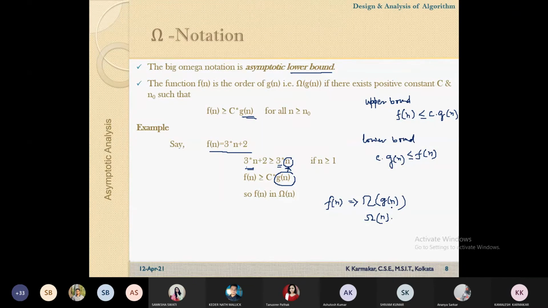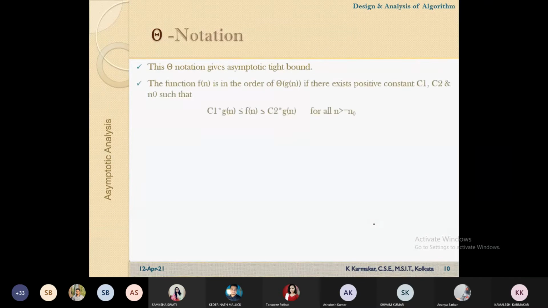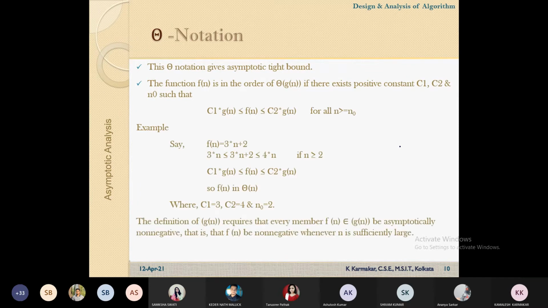Now coming to our other problem: why is the asymptotic tight bound required? Let me check what I can write.